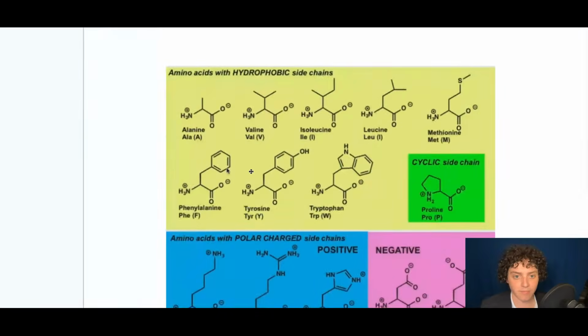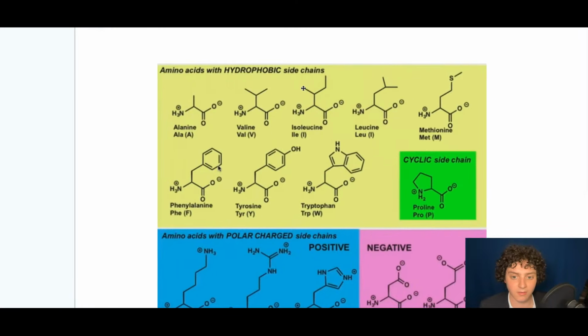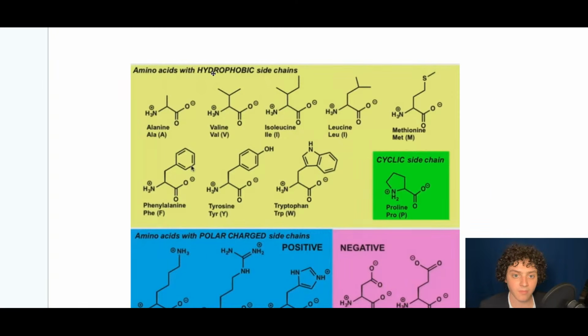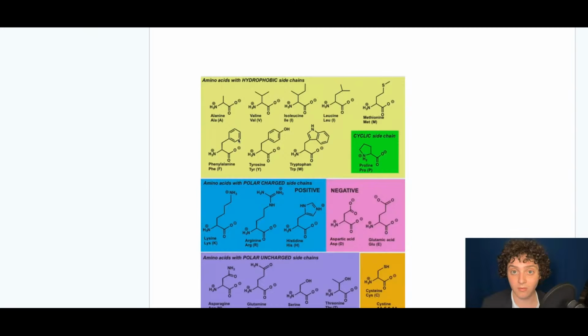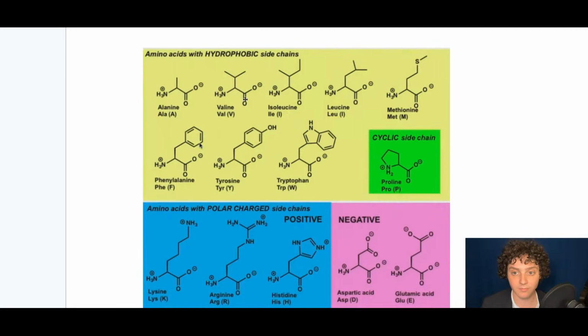Hydrophobic side chains are side chains that are hydro-water phobic-fearing, i.e. they do not want to bind with water and water-like molecules. Water being H2O, water-like molecules including things like an alcohol, which has an OH group on it. These hydrophobic side chains are going to avoid being near those other kinds of molecules.